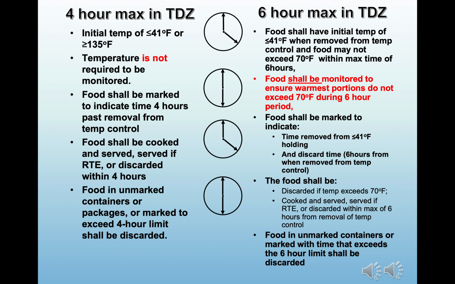The food shall also be marked with the time that the food was removed from the 41 degrees Fahrenheit or below, and the food shall be discarded once the 6-hour maximum has been met. You shall discard the food if it reaches 70 degrees Fahrenheit or above at any time before the 6-hour maximum. Once the food is removed from the proper cold temperature, it must be cooked and served, or served ready to eat, or discarded within the 6-hour maximum.